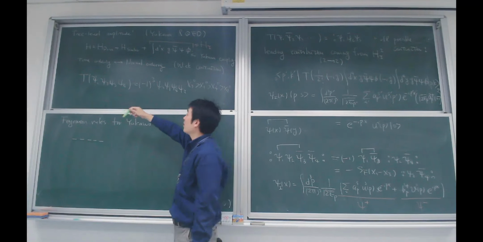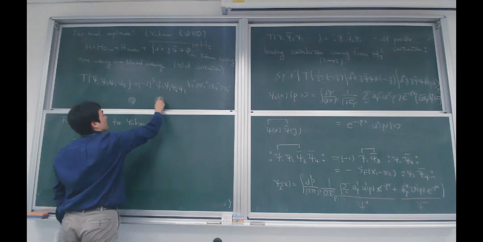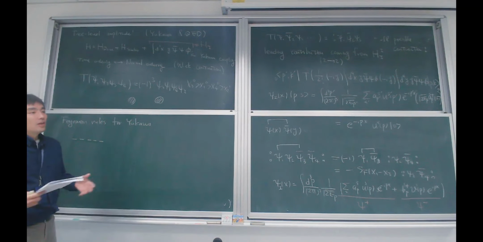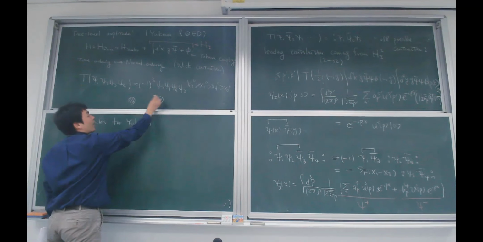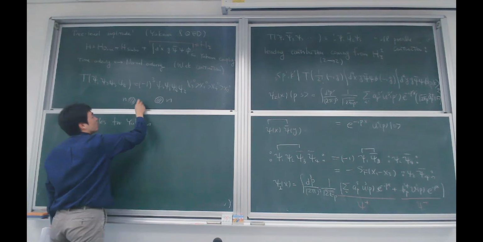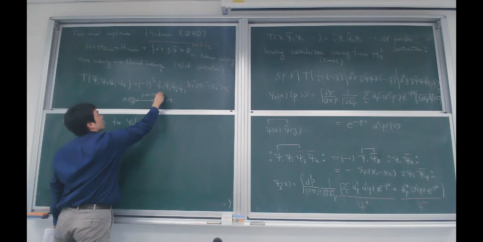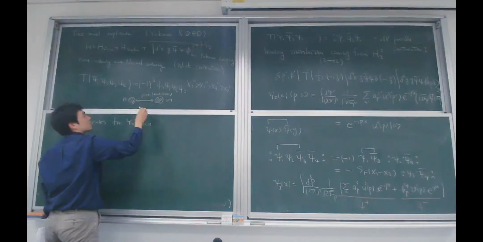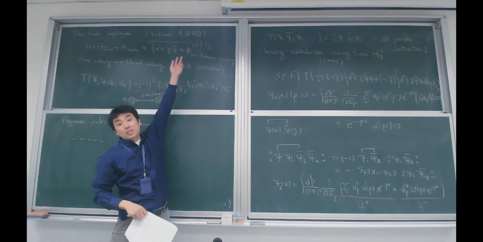So you have a nucleon, whatever nucleon, proton or neutron, whichever you call it, and they interact by exchanging a so-called pion or meson. The nucleon is represented by psi or psi bar.